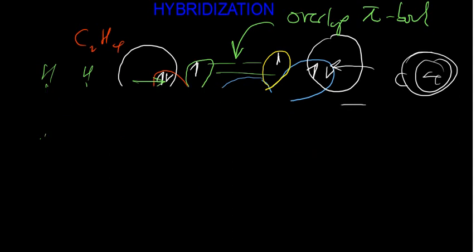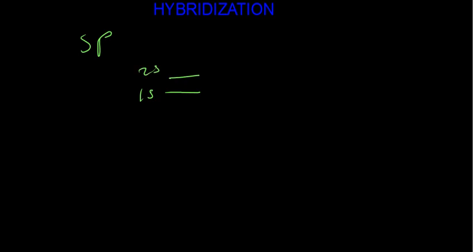Let's talk about sp hybridization. Now talking about sp hybridization, let's use the same carbon. We've got 1s, we have got 2s, then we have got 2p. Now here only 1s and 1p is going to come together to form our compound, and hence we call it only the sp hybridization.